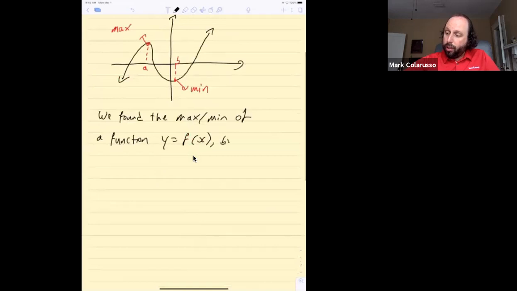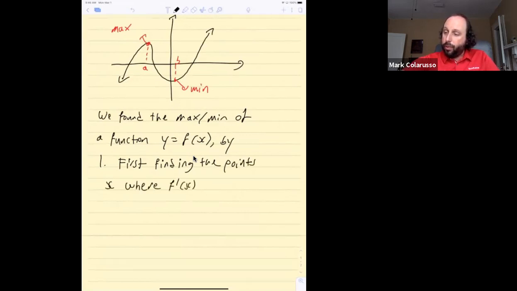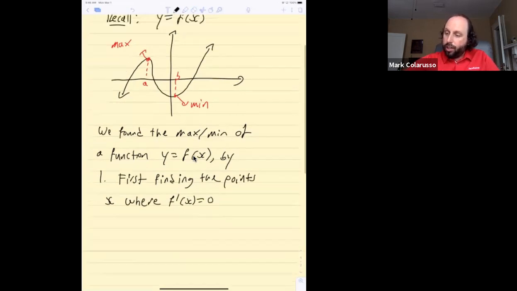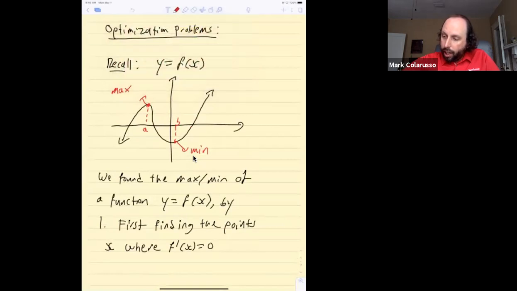by doing the following. By first finding the points x where f prime of x, the derivative, was 0. So we noticed in our discussions that if you are at a hilltop or the bottom of a valley, the tangent line must be flat there, so you have to have a 0 derivative.